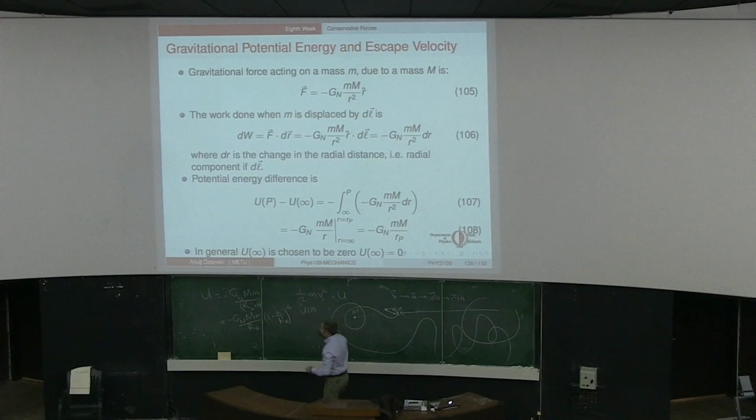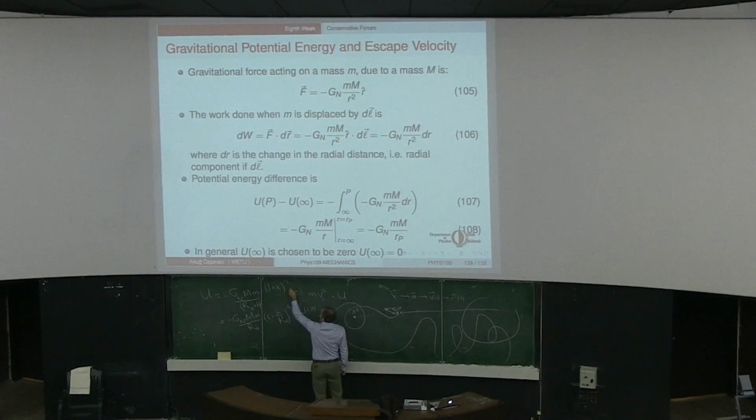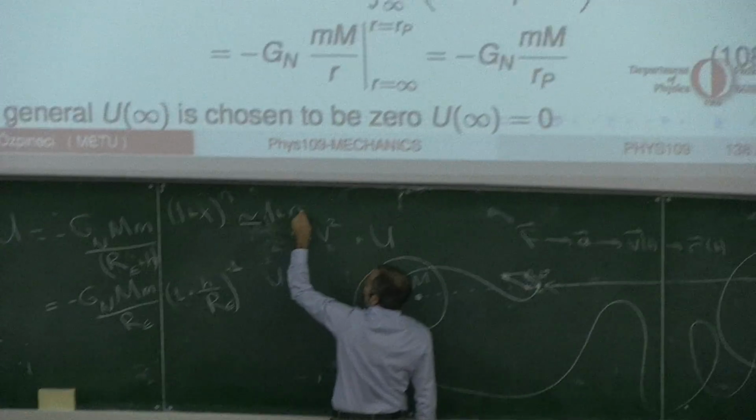If this is a very small number, the radius of the Earth is around 6,000 kilometers, and h is at most a few kilometers, then this is a very small number. And for very small x, (1 plus x) to the power n is approximately 1 plus n times x.